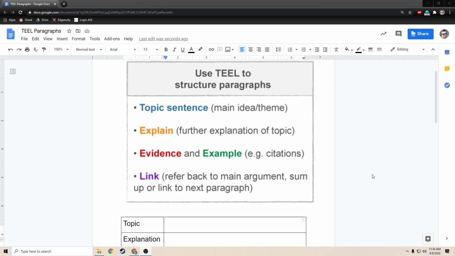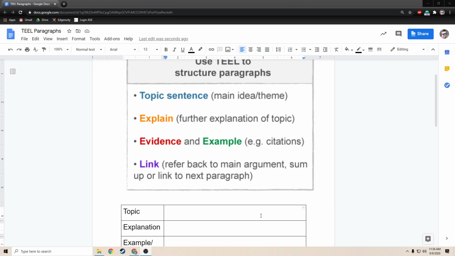Your topic sentence is used to introduce the main idea or theme of this paragraph. It basically tells the reader what the paragraph is about. You want to write it from a third-person point of view, meaning you don't want to say, this paragraph will be about this. Instead, you want to introduce it as a fact.